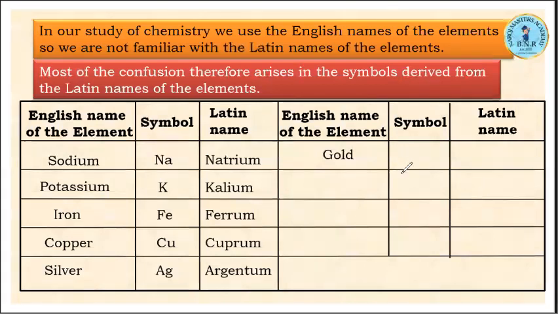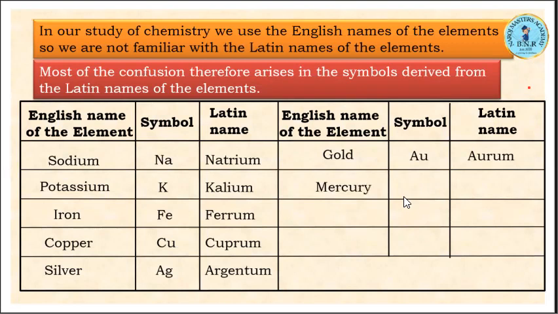Is it right? So how do you get this Au directly? The question here is the symbol of gold. Gold's symbol is Au, from aurum, the Latin name of gold. Now one more task.